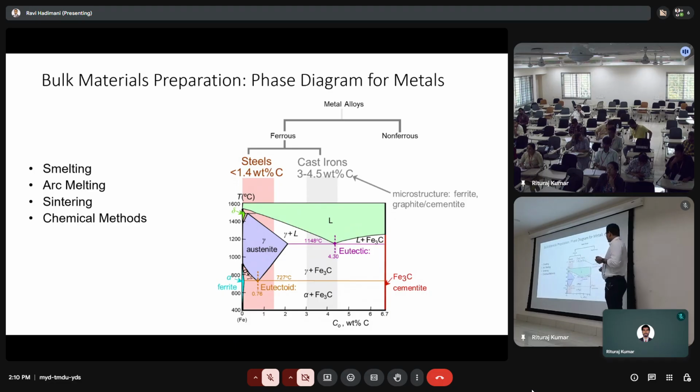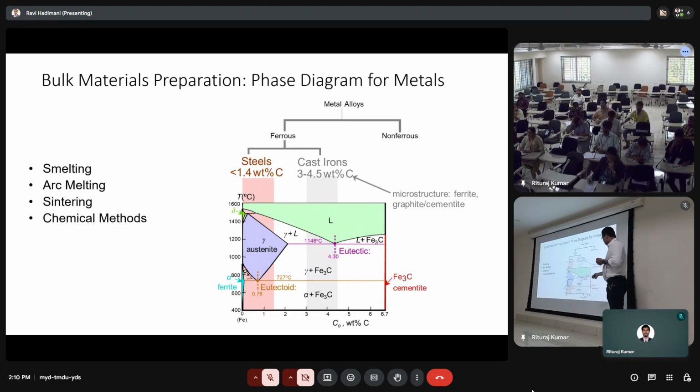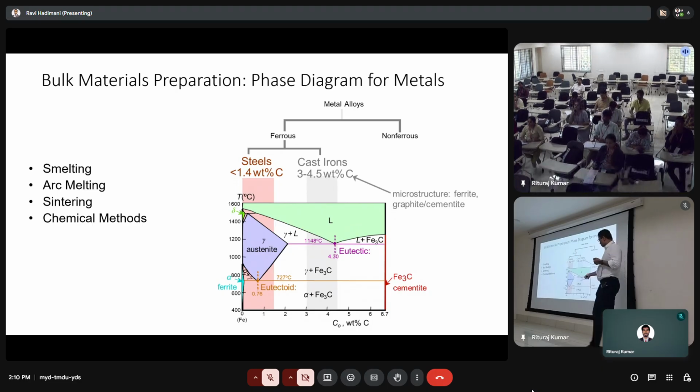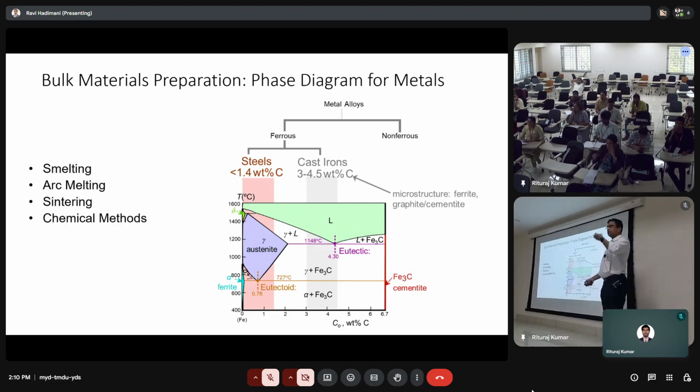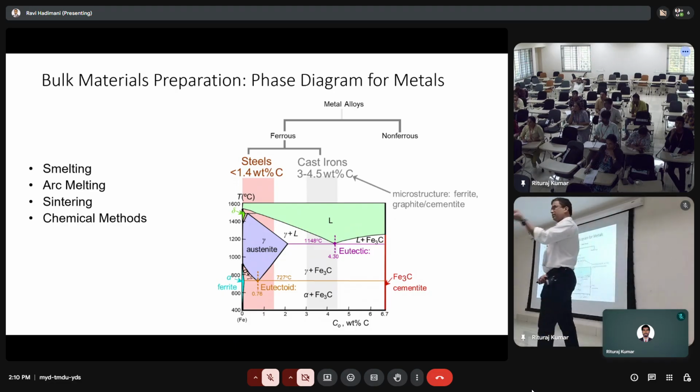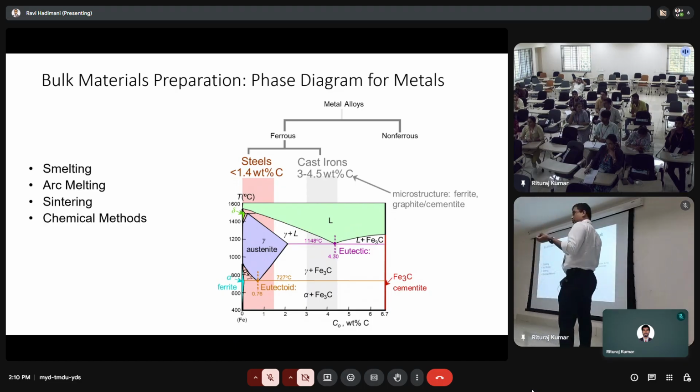Depending on the content of your carbon, the microstructure of that material will change, right? If you have the eutectoid mixture, exactly at 0.76 carbon percent, you get these typical pearlite structures, right? Microstructures.